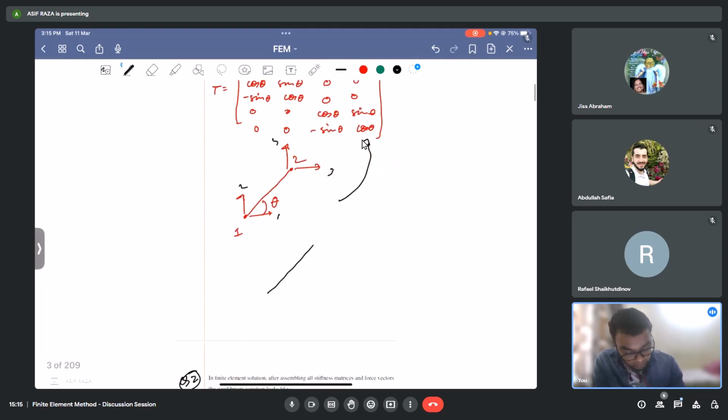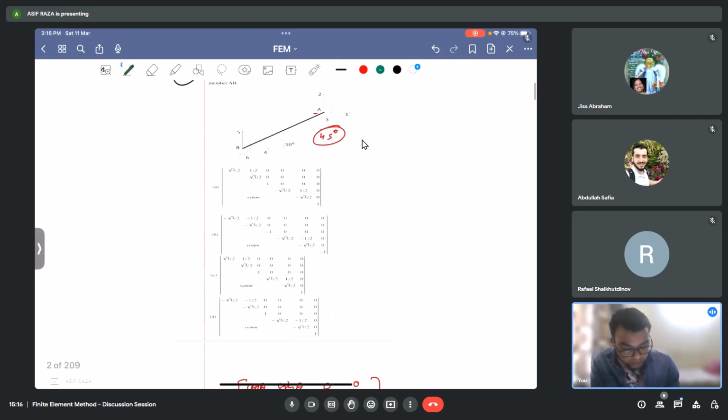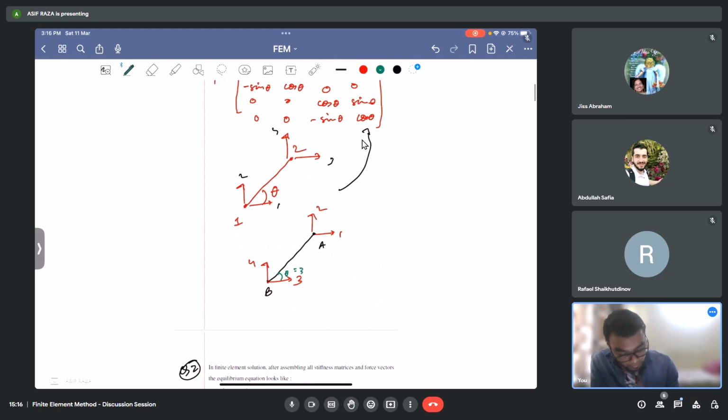But the question asked is that we have the member A B, and our initial degrees of freedom are like this, 1 2 3 4, and theta is equal to 30 degrees. I'll just write 30.